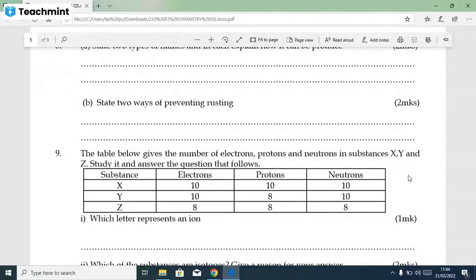Then we have sacrificial protection. You take a metal higher than iron in the reactivity series, for example magnesium, then you sacrifice it so that it can react with oxygen and water instead of iron.